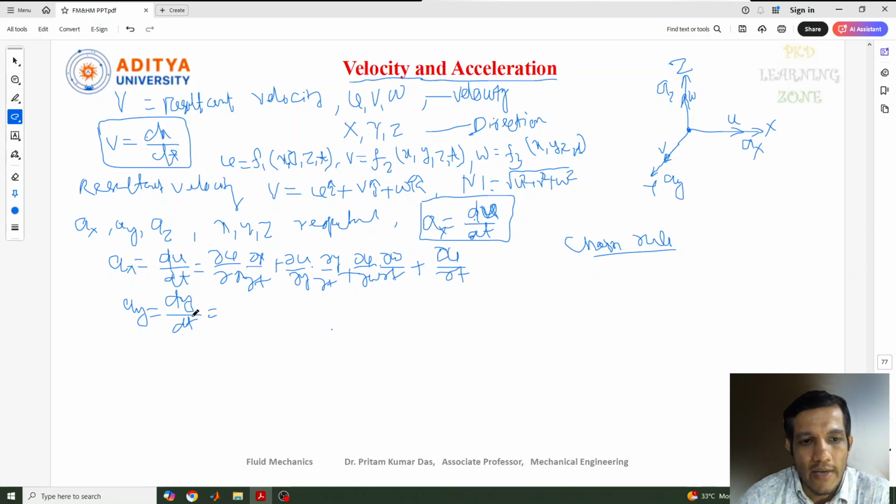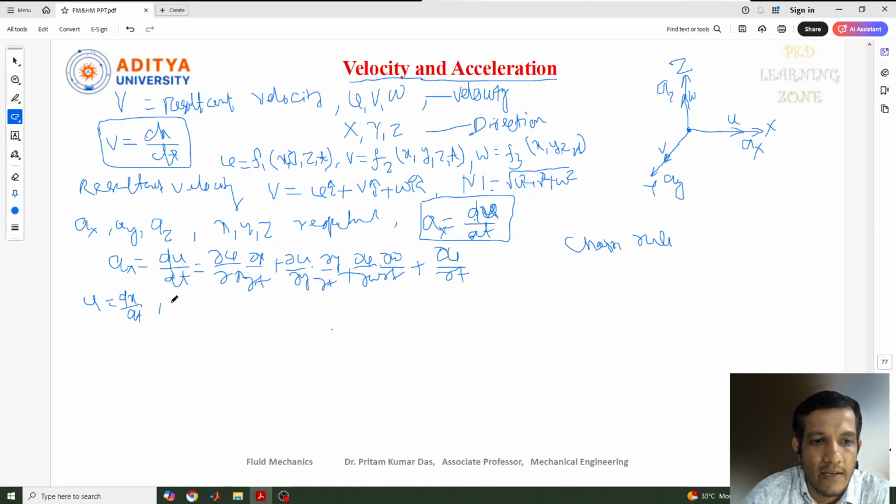Now we know the acceleration, what I have written here, ax equal to du by dt. Now on behalf of this, we know that u equal to dx by dt, correct.